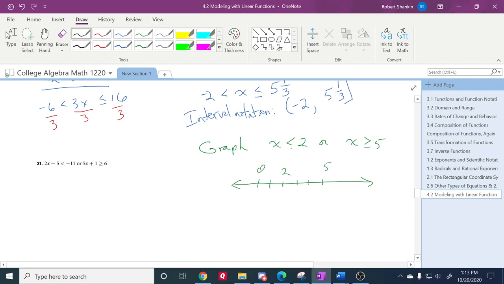I would go x is smaller than 2, x is greater than or equal to 5, like this. Okay, so graph this or this, these are the solutions right here.